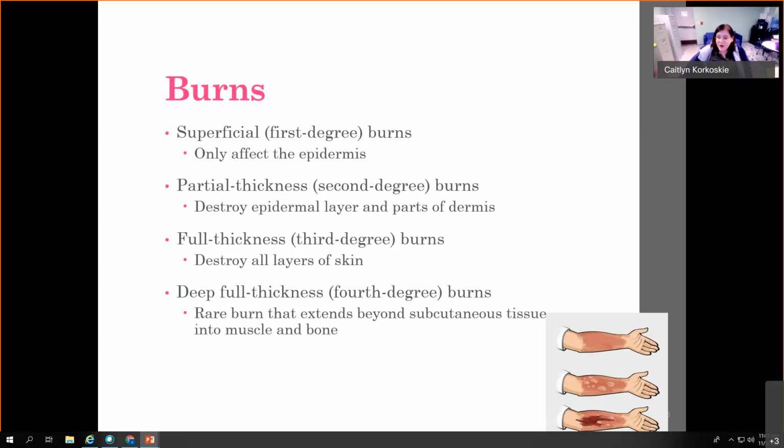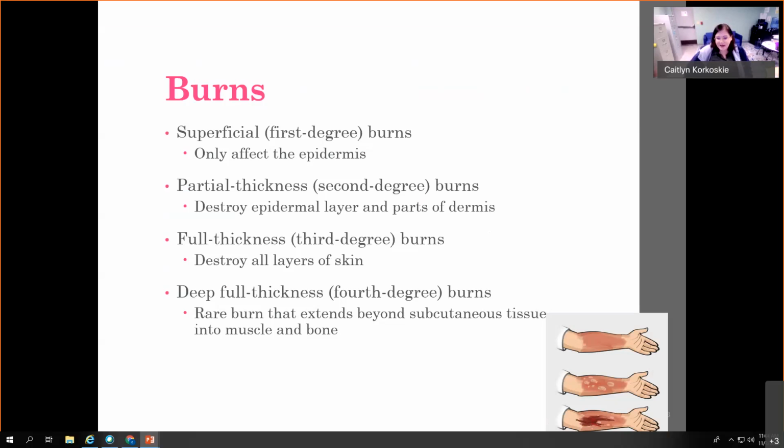A full thickness burn is a third degree burn, which destroys all the layers of the skin: the epidermis, the dermis, the sebaceous gland, all of that. And then a deep full thickness burn, or fourth degree burn, is pretty rare, but extends beyond the subcutaneous tissue into the muscle and bone.